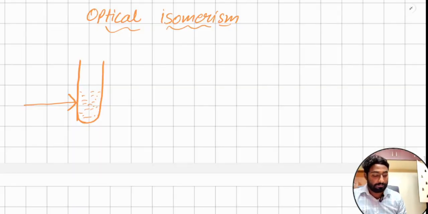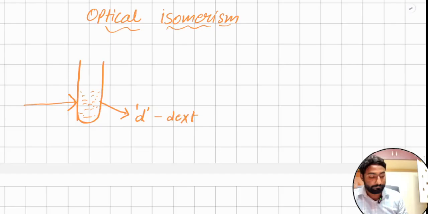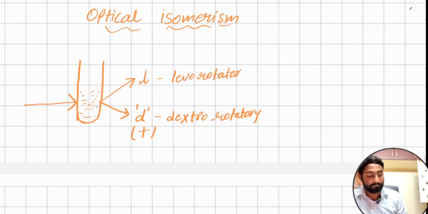If this light gets diverted to the right hand side, it is small d, dextrorotatory, which is also represented as plus, and if it goes to the left side, it is small l, which is levorotatory, also represented as minus.